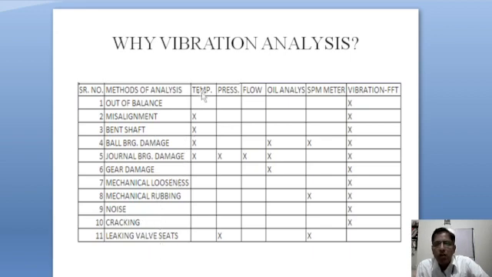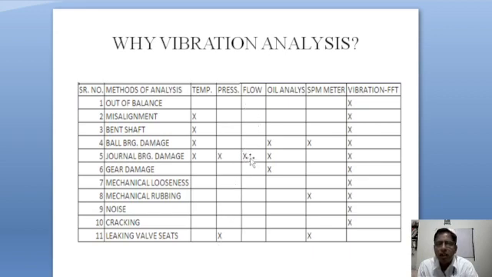Here we can see that temperature analysis, which is one of the condition based monitoring techniques, is capable of detecting only 4 types of fault out of the 11 listed here. Similarly, pressure analysis can detect only 2 types of faults, that is journal bearing damage and leaking ball seats.